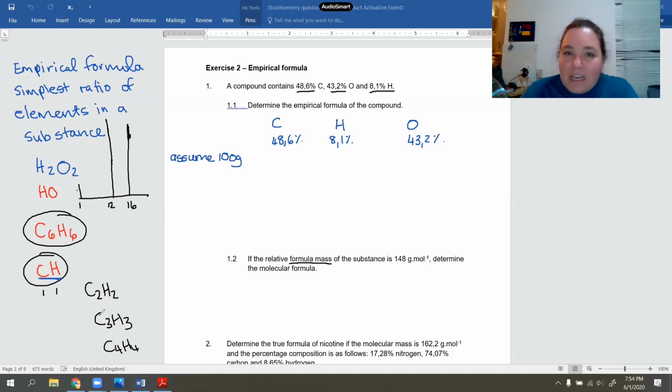You could assume any mass you want, but 100 grams is smart because that means that each percent becomes a gram. So this would become 48.6 grams out of 100, and 8.1 grams out of 100, and 43.2 grams out of 100. The next step that we're going to want to do is calculate the number of moles.